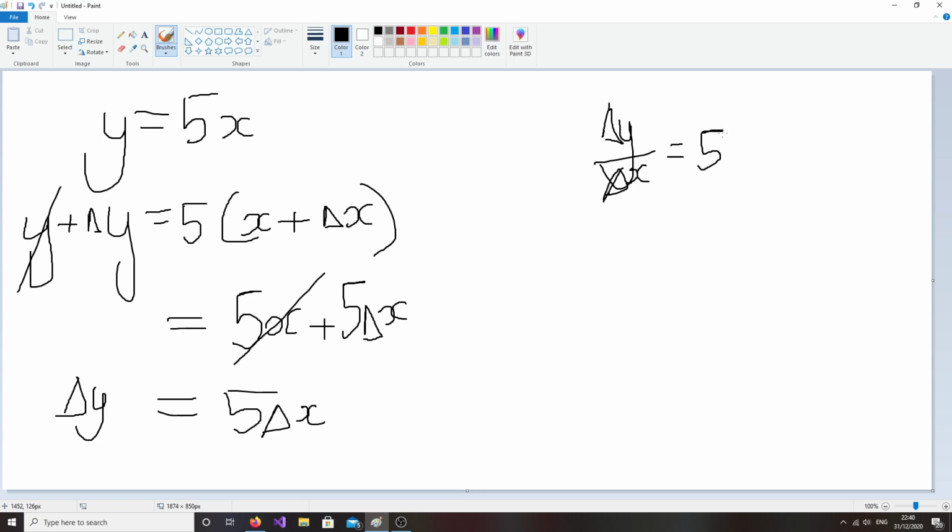We've kind of reached the answer anyway, but just to make sure we put in delta x approaches 0. And there we go, that's 5. So as you can see, if it's just 1x, of order 1, then you just get rid of the x and it's just the coefficient.